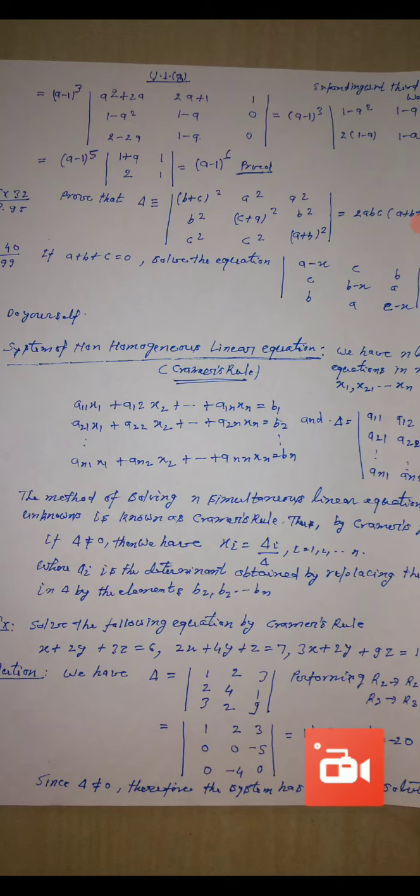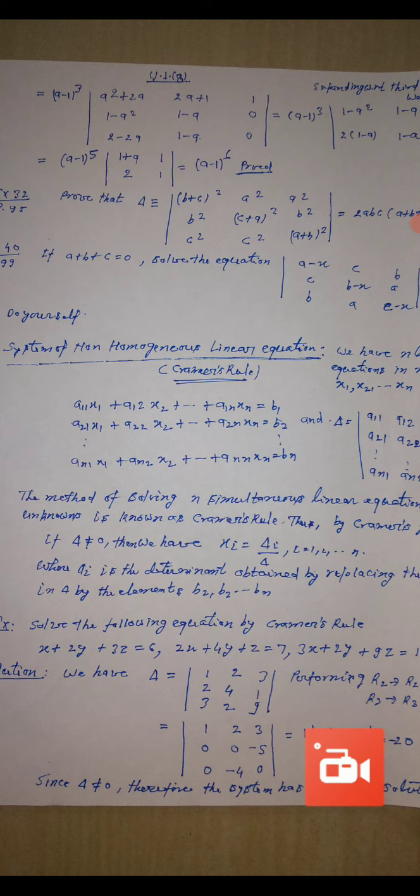So we get this equal to (a minus 1) cube multiplied by the determinant: first row a square plus 2a plus 1, and in second row 1 minus a square, 1 minus a, 0, and in third row 2, minus 1 minus a, 0. This is equal to (a minus 1) to the power 3 multiplied by the determinant with first row 1 minus a square, 1 minus a, and second row 2, 1 minus a, 1 minus a.